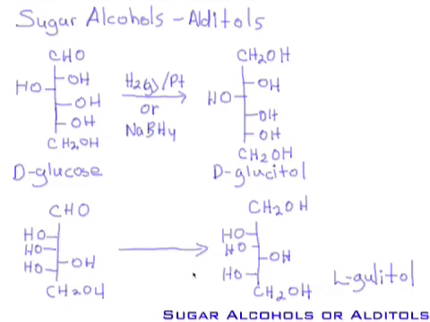Now what's interesting about this is L-gulitol and D-glucitol are the same molecule. The symmetrical groups at each end allow you to freely rotate this molecule this way. If you rotate it that way, the D-glucitol becomes the L-gulitol. And so the distinction, because this aldehyde becomes a CH2OH between L-gulitol and D-glucitol, disappears.